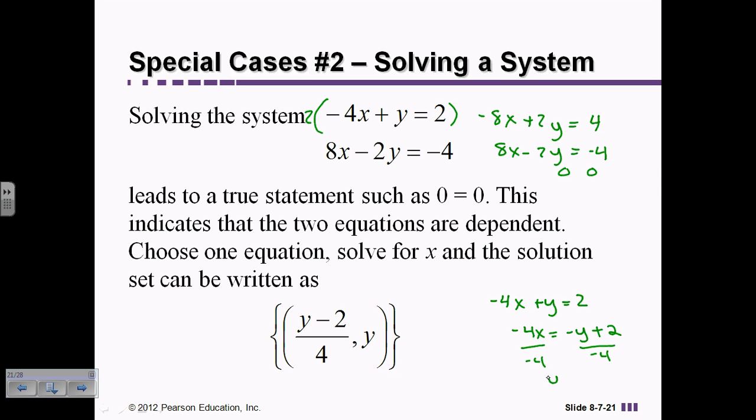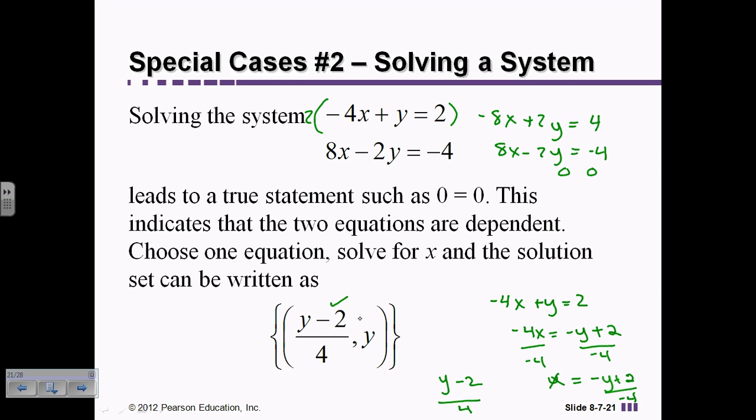So you get x equals negative y plus 2 divided by negative 4. Now what we can do over here is that we just basically took away the negatives and we made it y minus 2 over 4. So we did the opposite of everything. It's the same thing. You would get credit for either way.